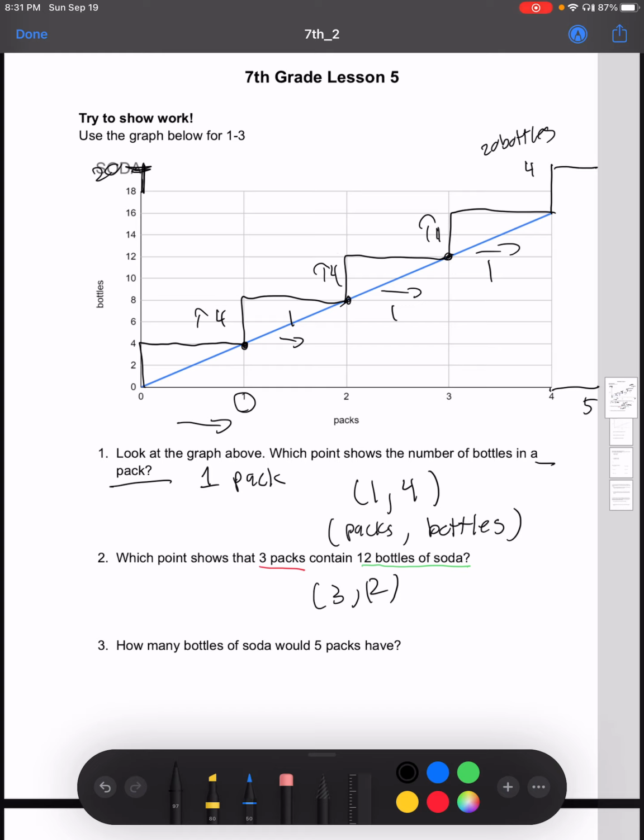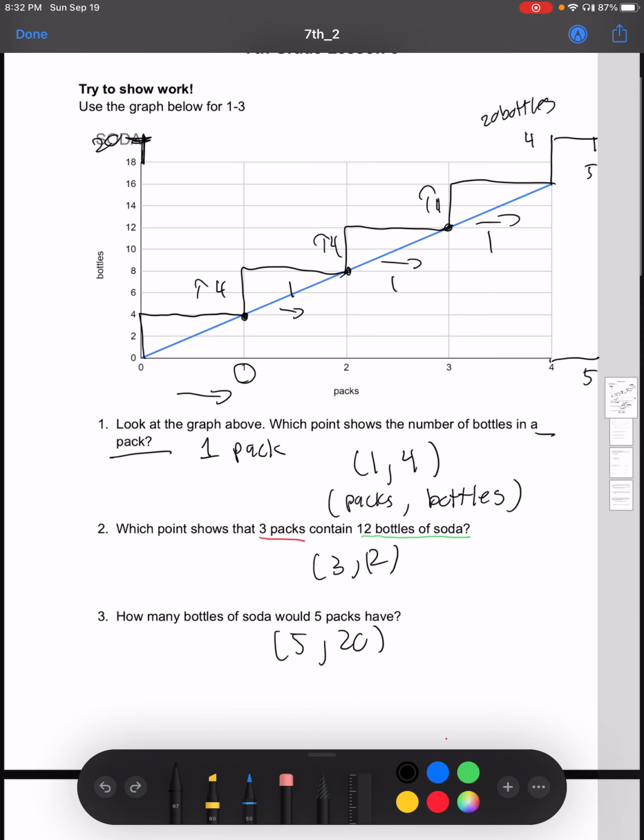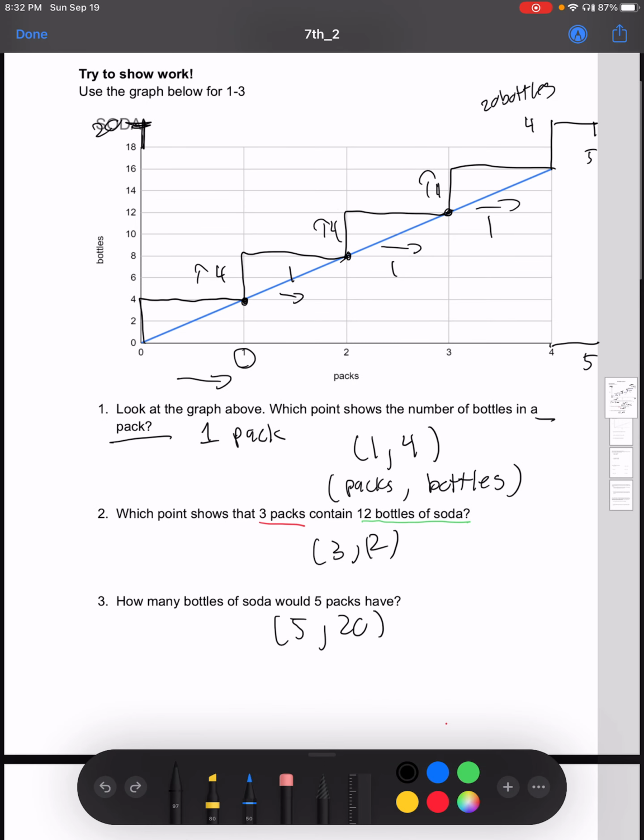And we go across 1, and that would just be at 5. In other words, in 5 packs of soda, we would have 20 bottles. Because of this constant increase in pattern of 4 up, 1 across, we can predict how many bottles of soda would be at 5 in the graph. We can move on. In order to answer the question, we would want to write 20 bottles.